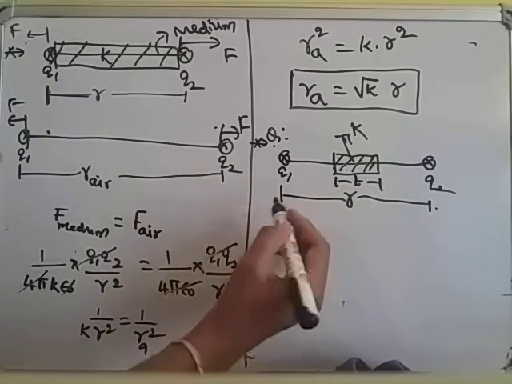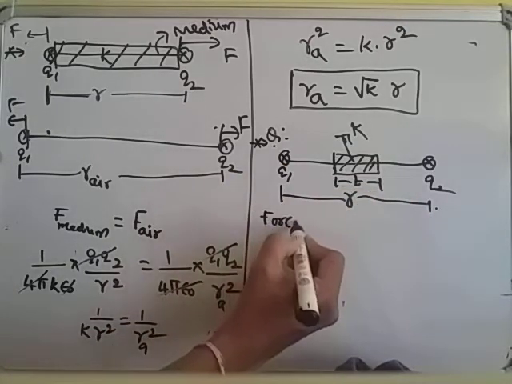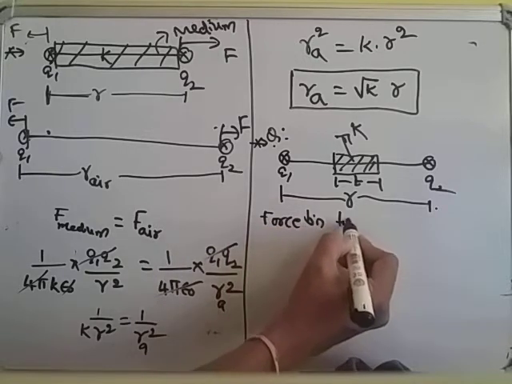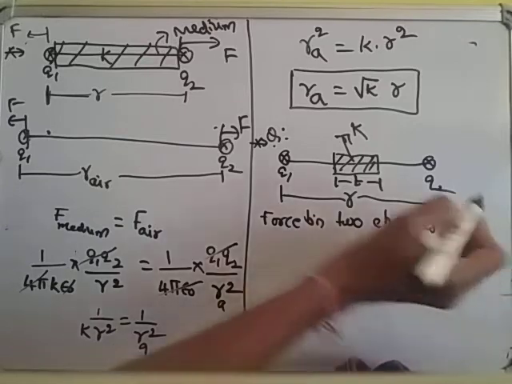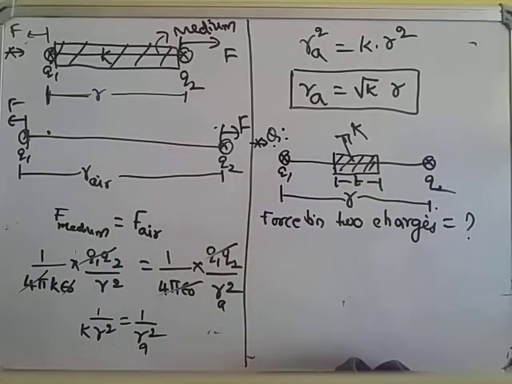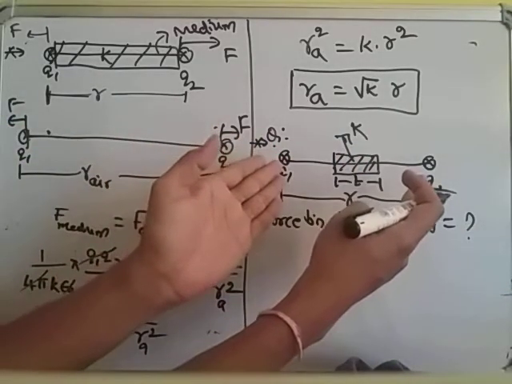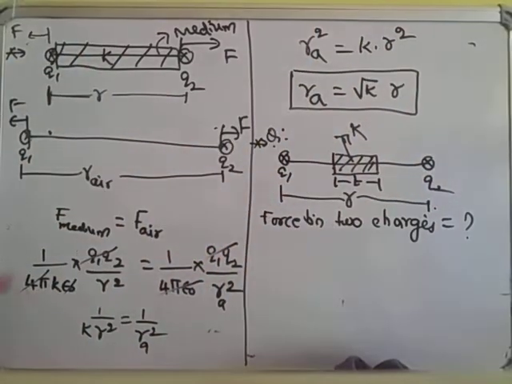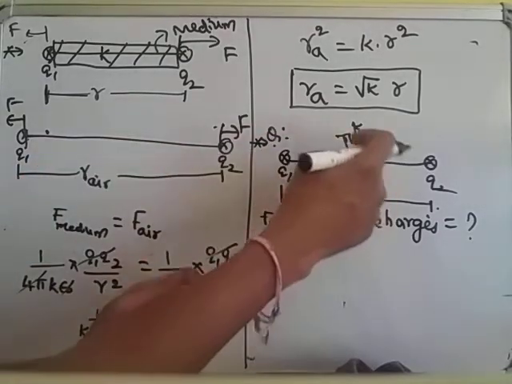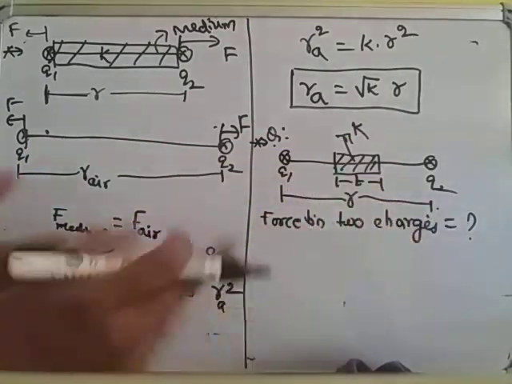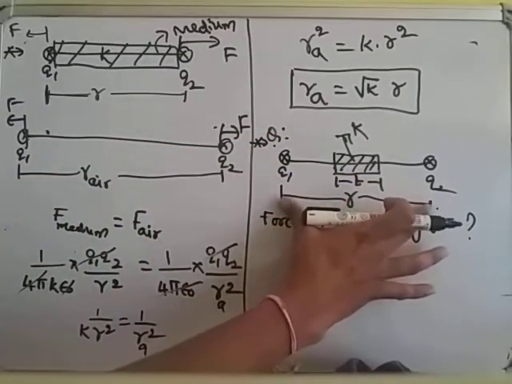Now what is the force between the two charges? What is the formula to find the force between two charges? If it is completely filled with the dielectric, then the formula is 1 by 4 pi epsilon naught K into q1 q2 by r square. Now if there is no dielectric slab, we can write only 1 by 4 pi epsilon naught into q1 q2 by r square.